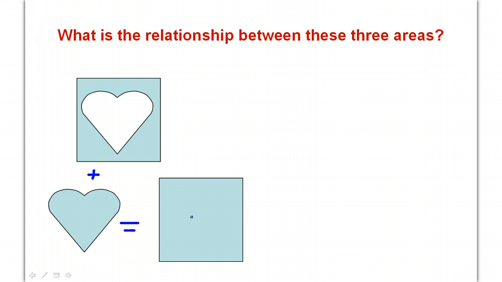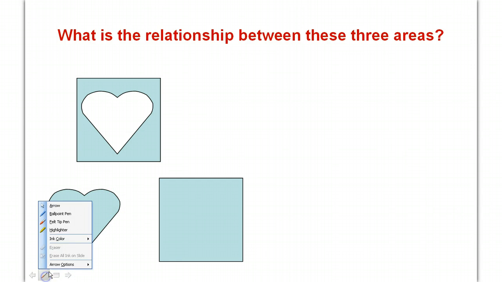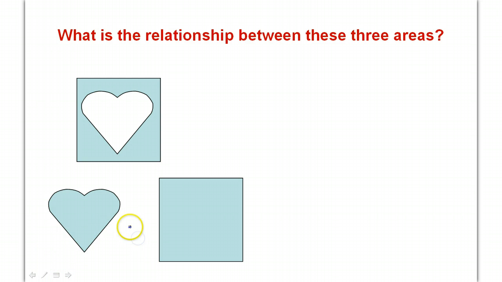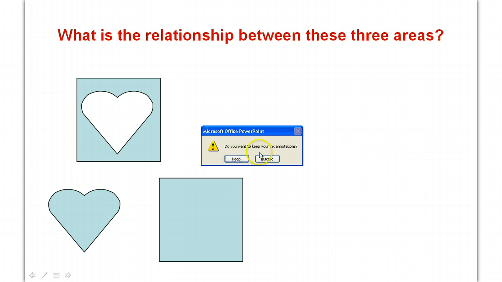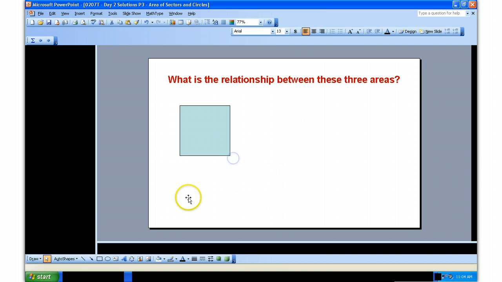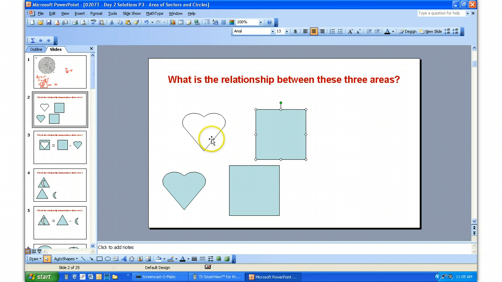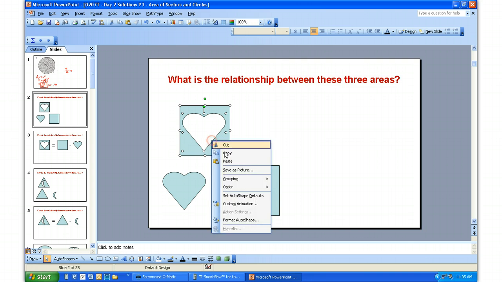Anybody have another way to think about it? Haven't talked to Julian today. Square minus the filled in heart equals the open heart. Okay. He said another way to look at this. He said if you take the square, I almost have to move this around. Hold on a second. Did I already see the next slide?